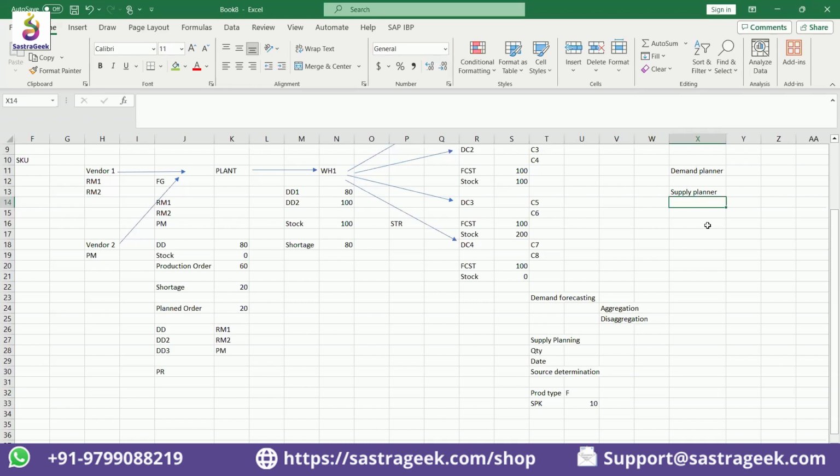There is a third angle of the planning part, which in the short term also covers production planning. The supply planner is more focused from a mid-term to long-term perspective.